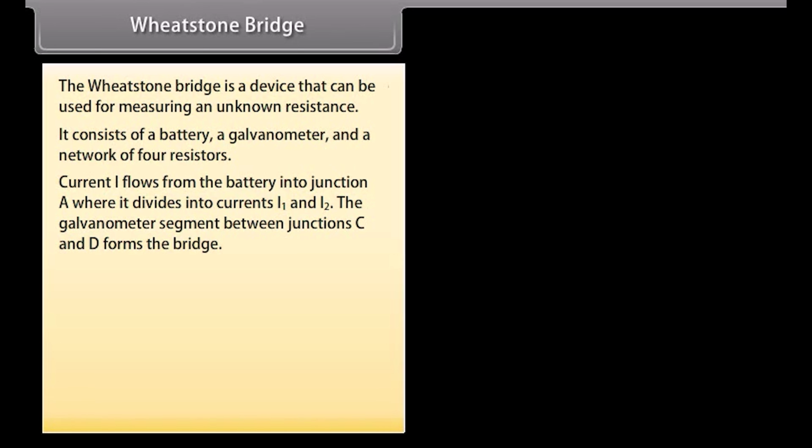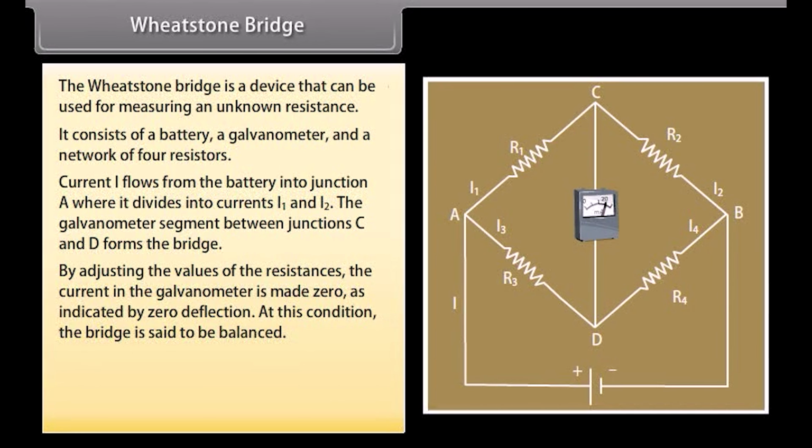The galvanometer segment between junctions C and D forms the bridge. By adjusting the values of the resistances, the current in the galvanometer is made zero, as indicated by zero deflection. At this condition, the bridge is said to be balanced.